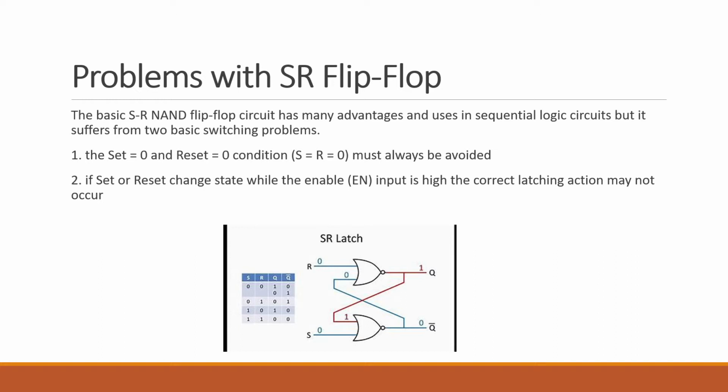And the second problem was if the set or reset changed the state while the enable input was still high, the correct latching action may not occur. Thus, to overcome these two fundamental design flaws, the JK flip-flop was developed.